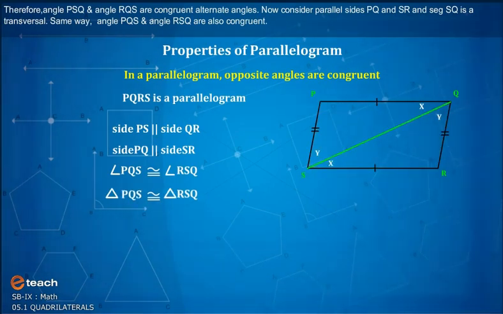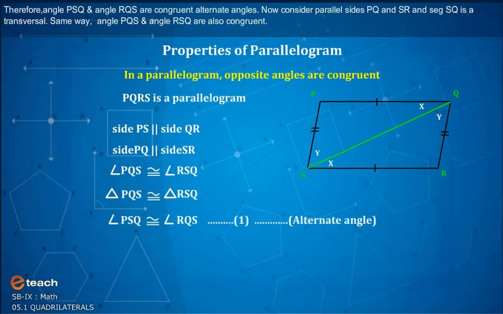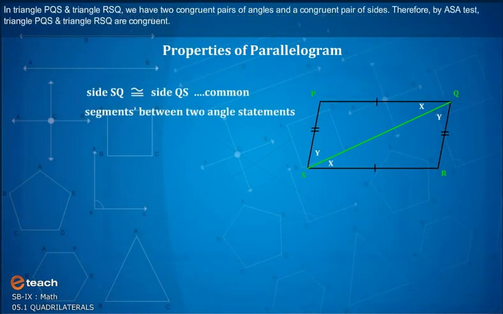Now consider parallel sides PQ and SR, and segment SQ is a transversal. In the same way, angle PQS and angle RSQ are also congruent. In triangle PQS and triangle RSQ, we have two congruent pairs of angles and a congruent pair of sides.